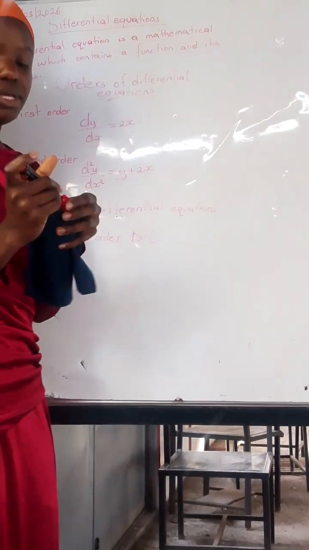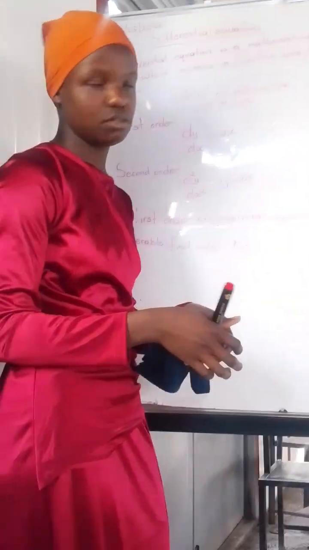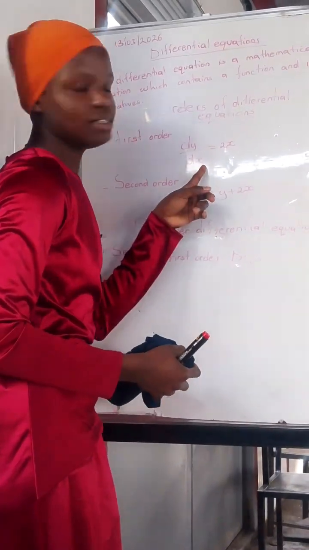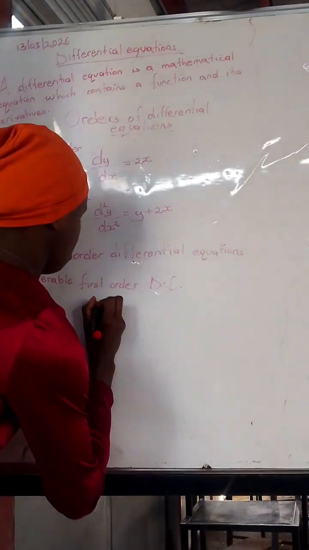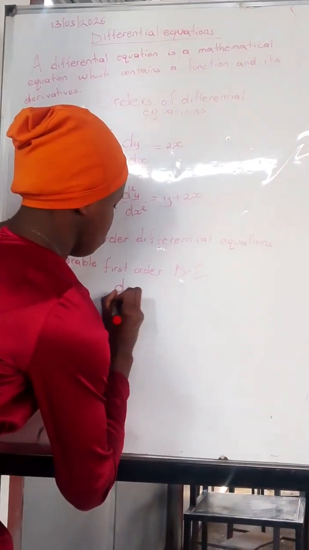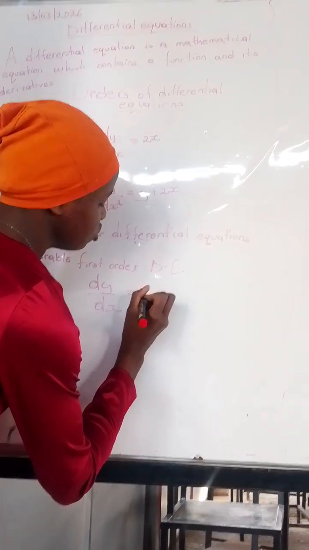These ones can be solved by separating variables. Let's take this one as an example. If we have dy/dx equaling 2x, we are going to separate variables.